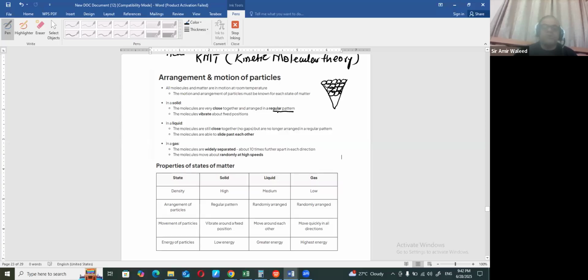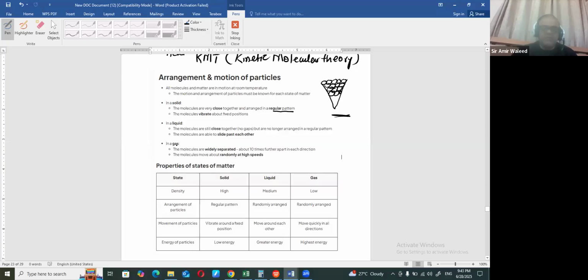They have a proper shape, so you can simply say they have a regular shape. Particles are very nearby. And the next part is they vibrate like this, which is called moving about a fixed position, to and fro, like this. So this is what a solid is.